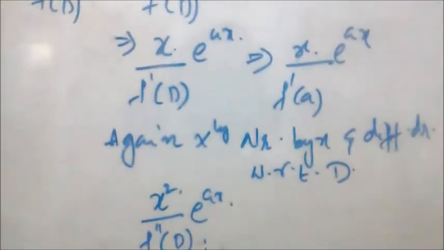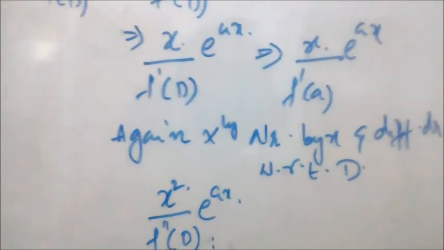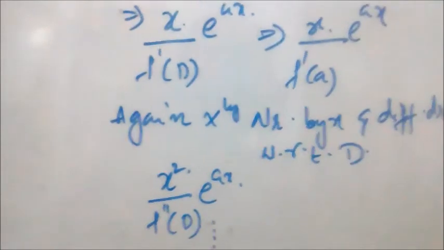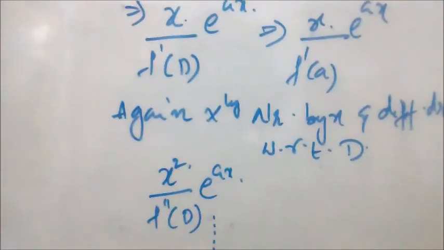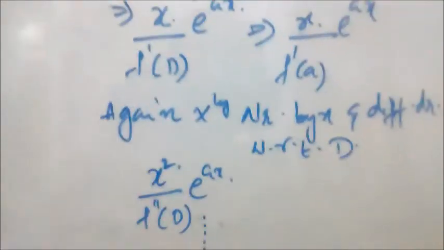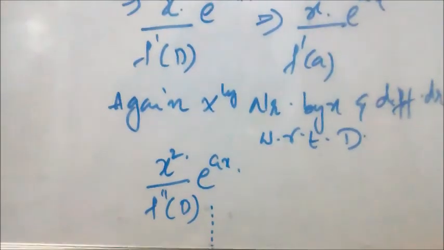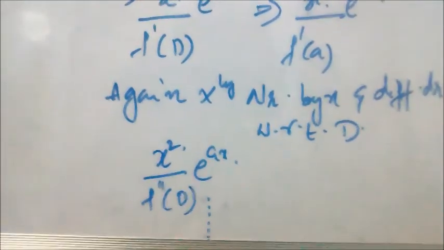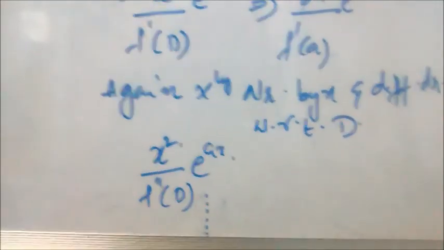When you are substituting a, the f dash has to become not equal to 0. If it's becoming 0, again you are going to multiply your numerator with x and differentiate your denominator with respect to D. In this way you are going to proceed until your f of a becomes not equal to 0. This is the rule 1.